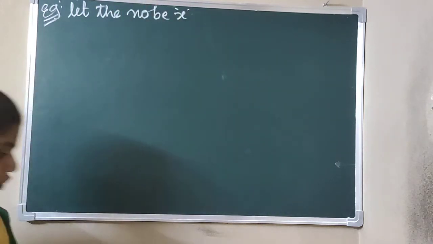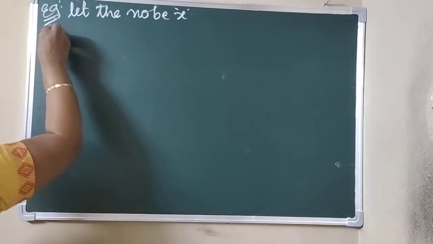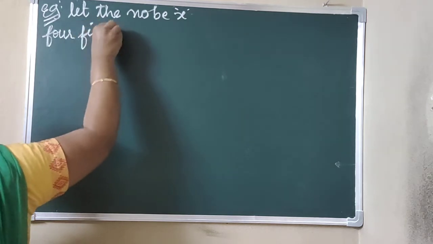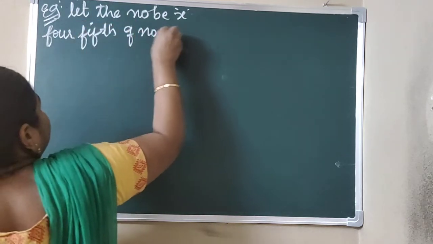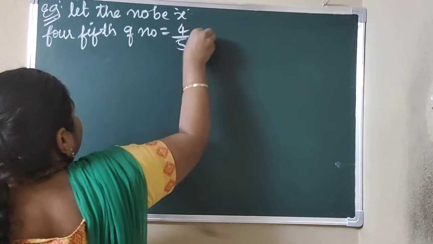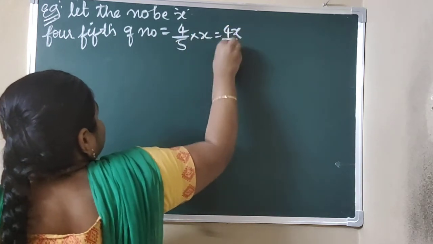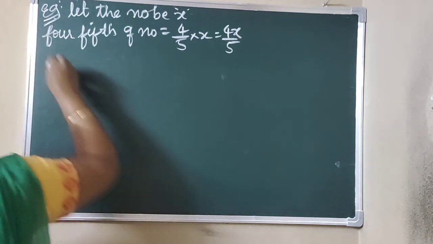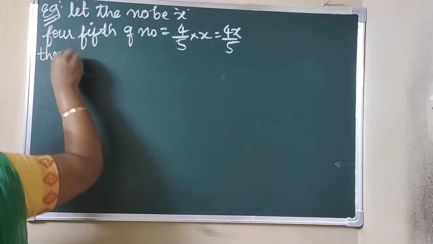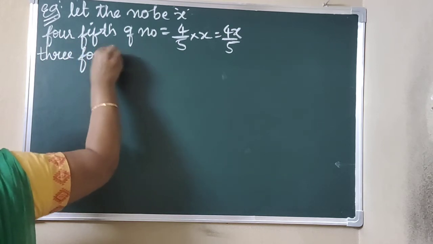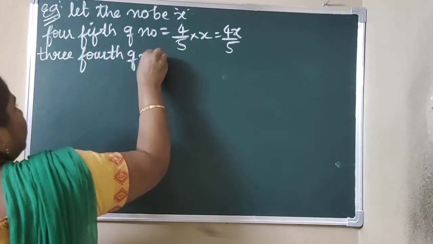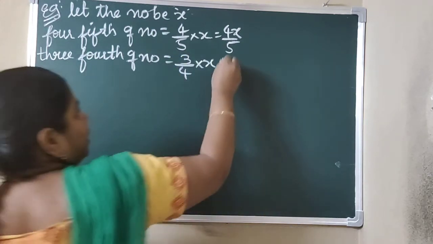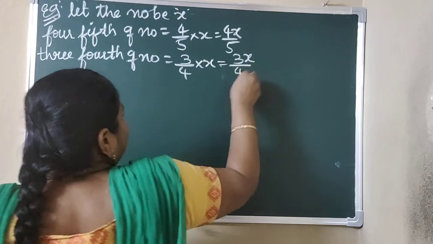And here 4/5 of a number is nothing but 4 by 5 into x, that will be equal to 4x by 5. And 3/4 of a number means 3 by 4 of a number, into x, that will be equal to 3x by 4.